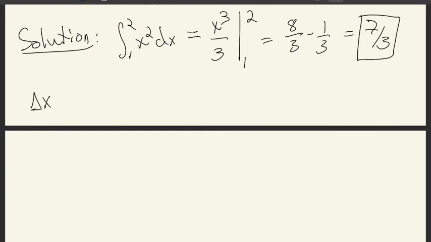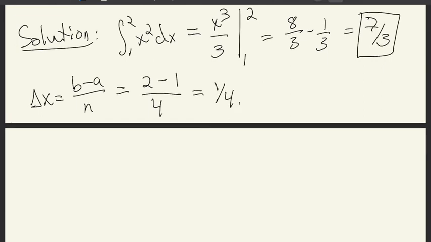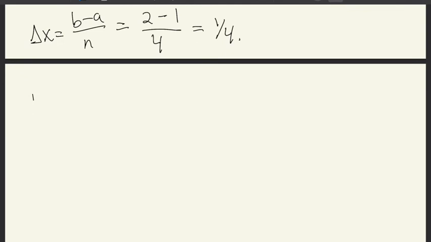Okay, but let's use the trapezoidal rule to evaluate this. So delta x, we said, was (b minus a) over n. In this case, b is 2, a is 1, n is 4. So delta x is 1/4.